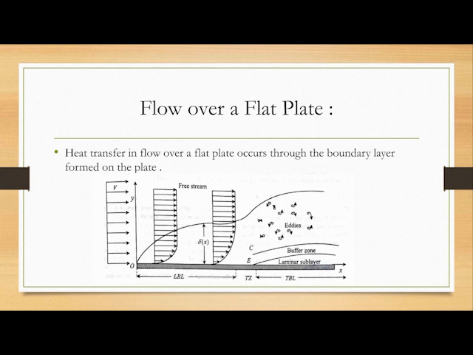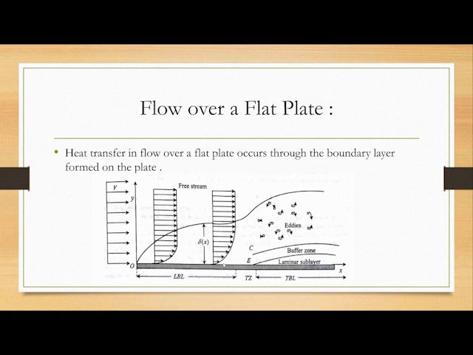Fluid velocity at the surface of the plate is zero. That is because of the no slip condition at the surface of the layer, and gradually increases with the distance from the plate. At a sufficiently large distance from the plate, the fluid velocity becomes equal to the free stream velocity.